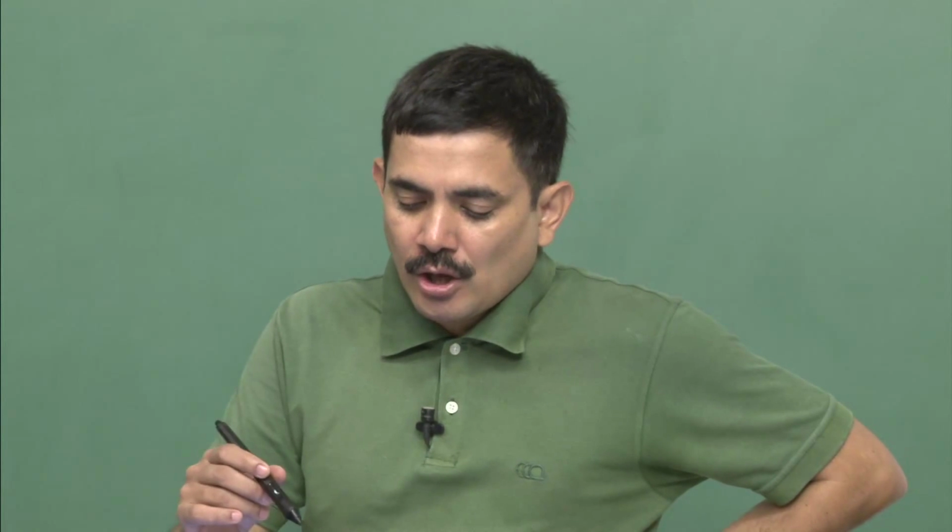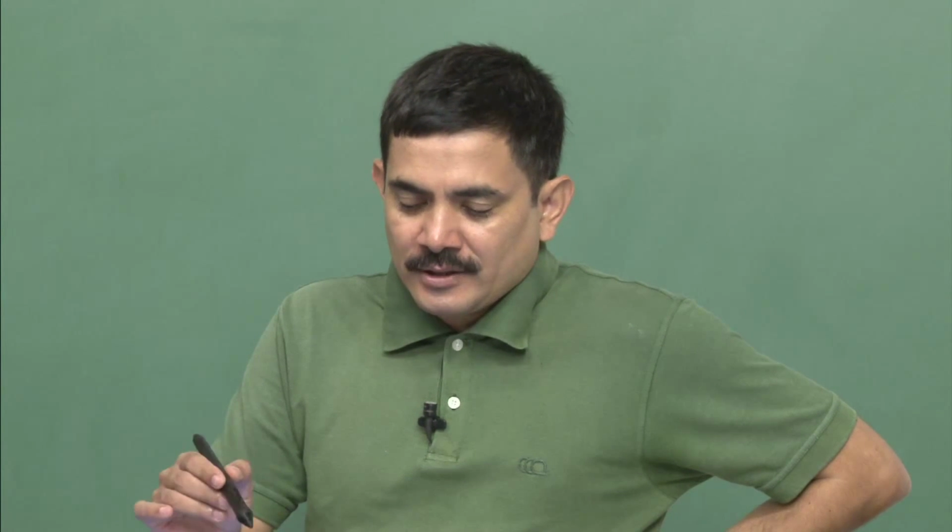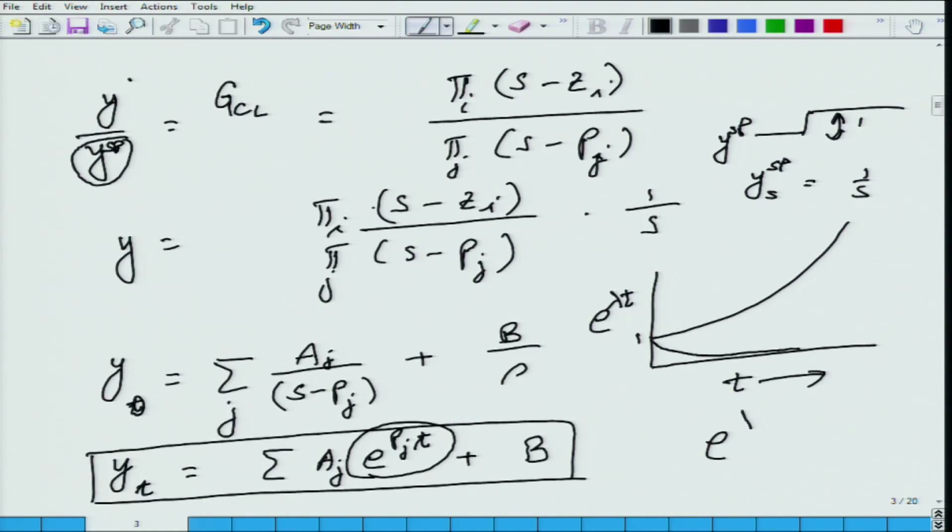So, what that means is if any of the poles of the transfer function that you are looking at is in the right half plane, has a positive real part, then e to the power lambda t will blow up if the real part of lambda is greater than 0.